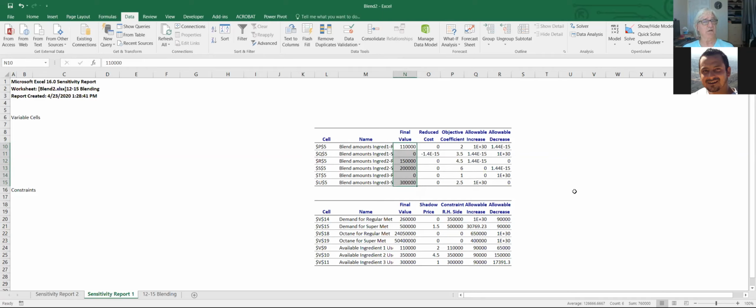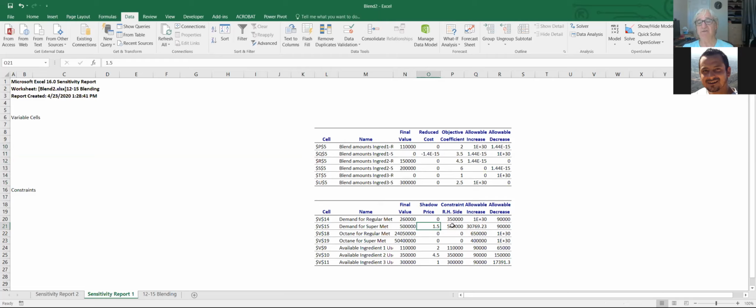So what is the new production plan if you have larger demand? Sensitivity analysis doesn't tell you that. If you really insist on knowing the new optimal blend once the demand for super is increasing, you have to resolve the model. What you do not have to do is solve the model again if all you want to know is what the new profit will be. The new profit per barrel will be $1.50 added to the profit.